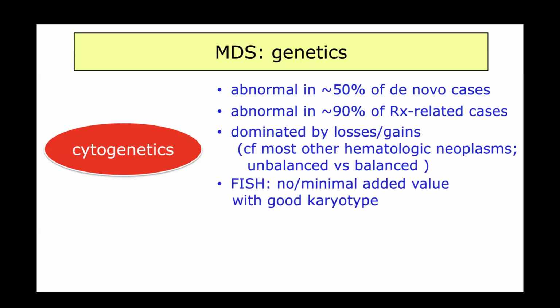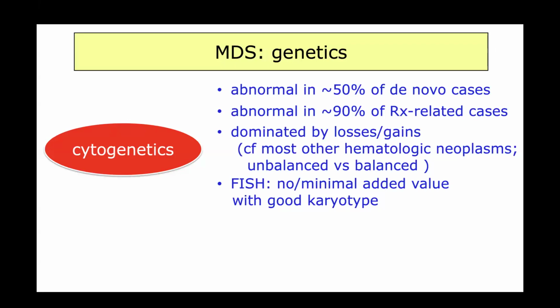In general, and it's my opinion, and I think the literature supports this, and it's one of my soapbox issues, FISH analysis is abused and overutilized in diagnosing myelodysplastic syndrome.